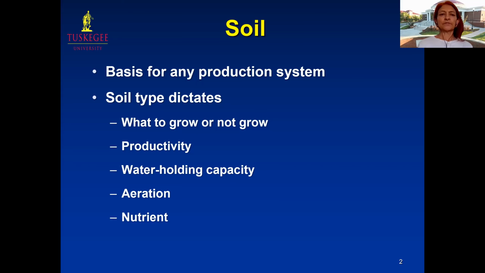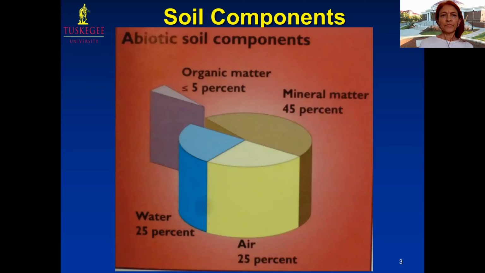It also dictates the productivity of that area, the water holding capacity of the soil, the soil aeration capacity, and the nutrient content and nutrient retention characteristics of the soil in that area.